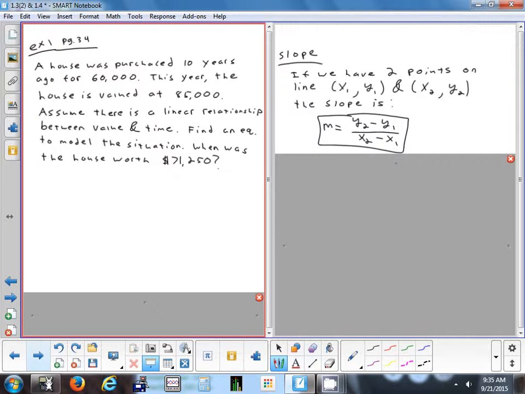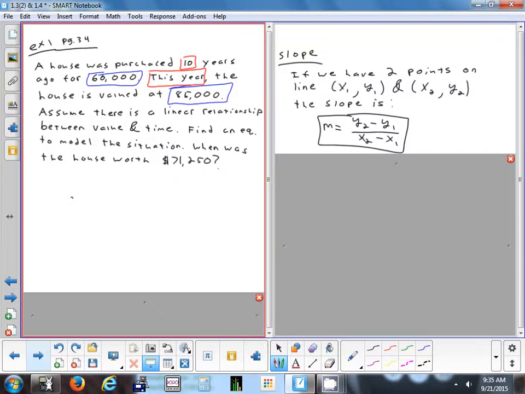Good with that? Okay, I'm going to use the idea of slope. To use the idea of slope, I want to think of what I have here as a coordinate. I've got some money values, which I just put some boxes around, and I've got some time values. We're going to try to think of those as coordinates.